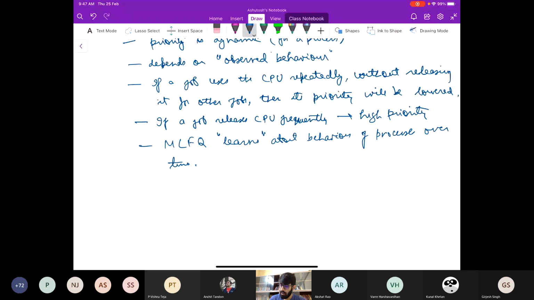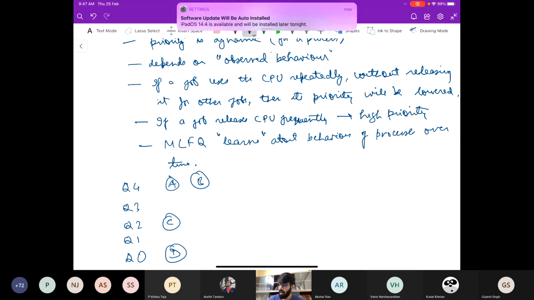So now let's say this is Q4, Q3, Q2, Q1, and generally I'll be going till Q0. Suppose Q4 has two processes, A and B, at a certain point, Q2 has one process C, and Q0 has one process D. And then what will happen?